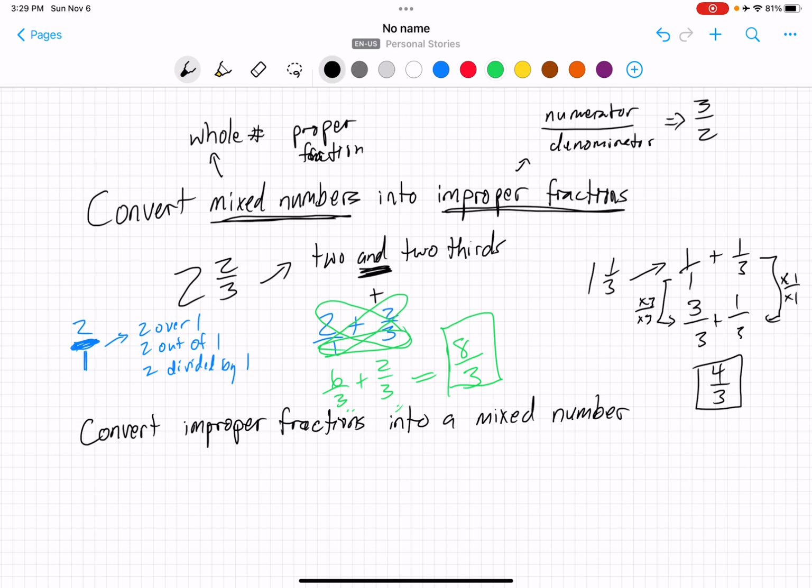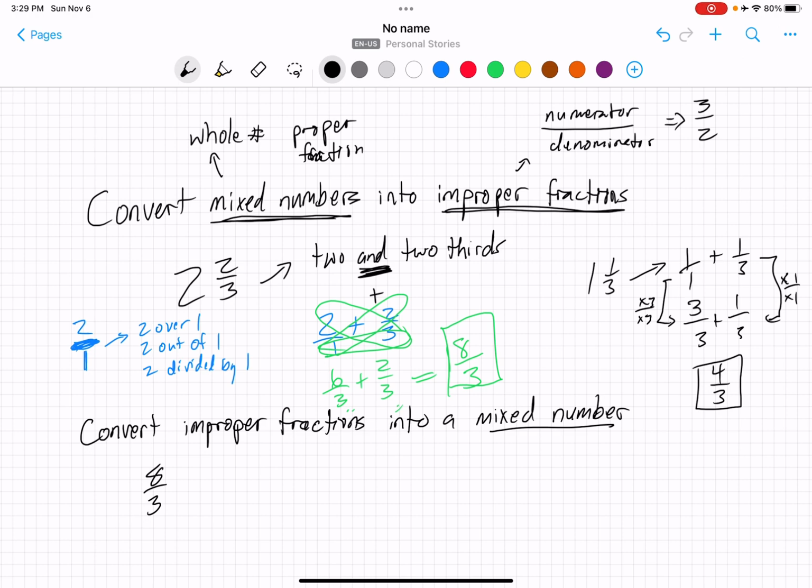So the next question then is, once I have an improper fraction, let's say I start with 8 over 3, how do I change that into a mixed number? Well, there are a couple ways of doing this, and I think the fastest way is to remember that we are actually dividing.